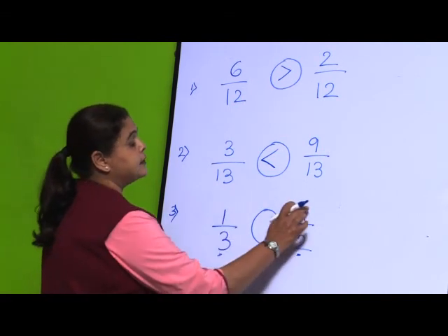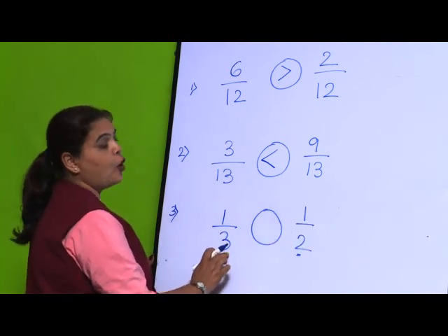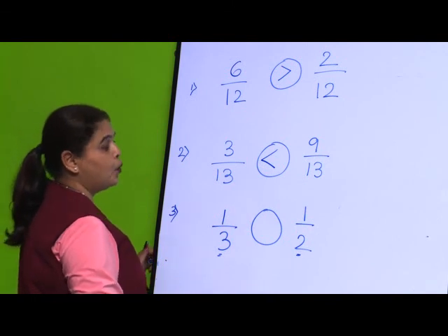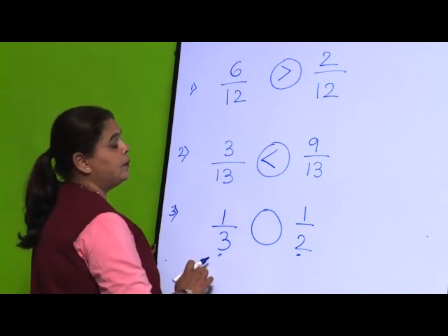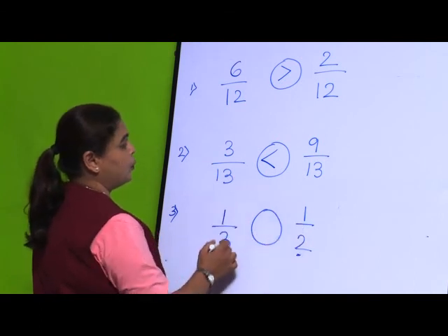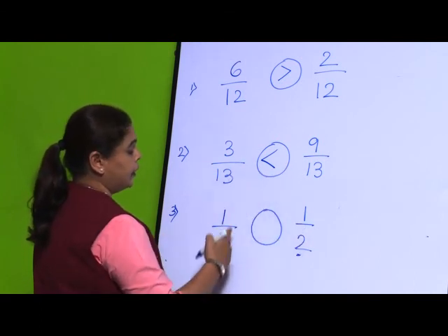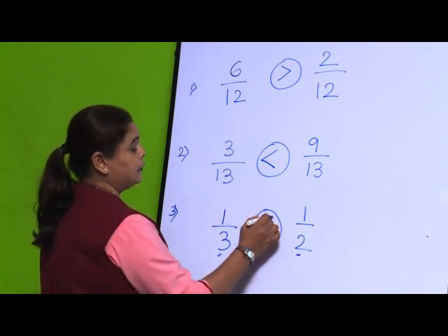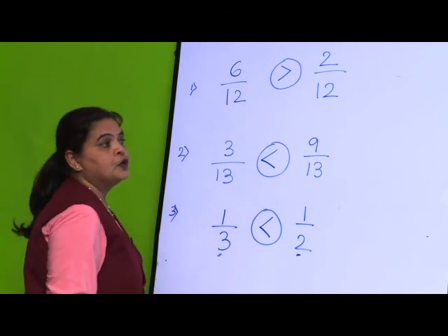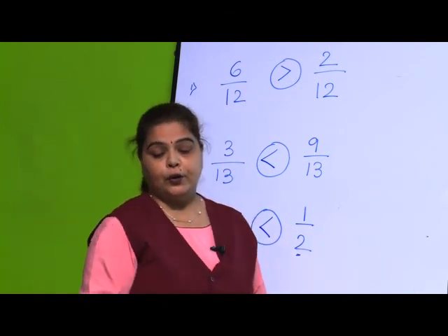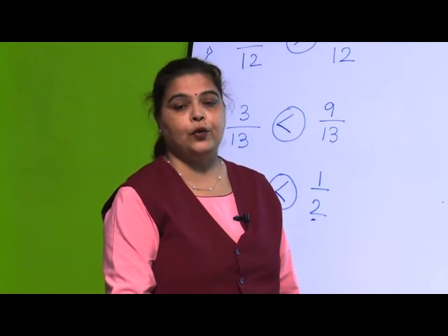Where the denominator is greater, that fraction will be smaller. So, what we will write here? 1 upon 2 and 1 upon 3. Here we will see which is the smaller denominator, that will be the greater fraction. So, in this way we are doing the comparisons of fractions, and you can write your own examples and you can find out.